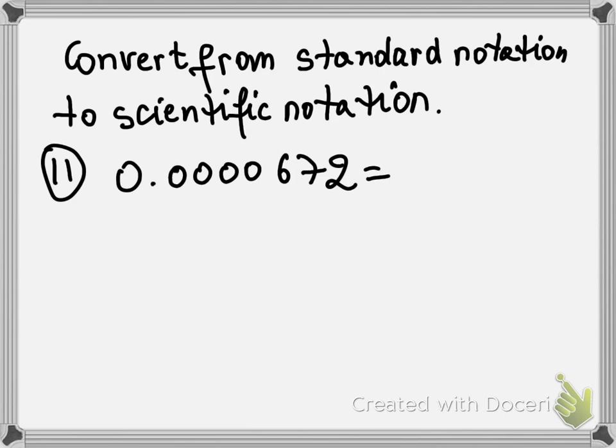In this example, we're converting from standard notation to scientific notation. So in scientific notation, we need to have a number between 1 and 10. So the 672 are our digits, in a number less than 1.